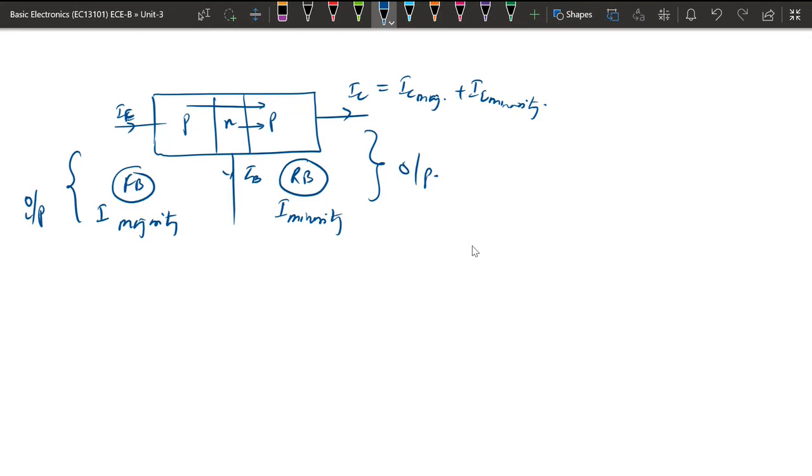Okay, so this BJT is considered as, first of all, it is going to get the output as a current. Okay, so its output is current, that means it is a current source, and this output current is depending on the input current also. Okay, so this BJT is considered to be a current dependent current source.